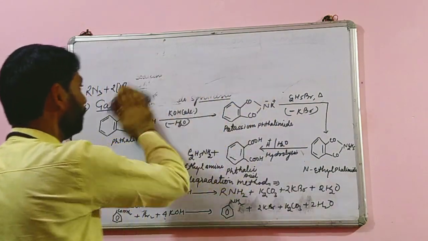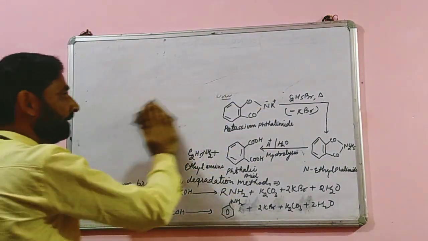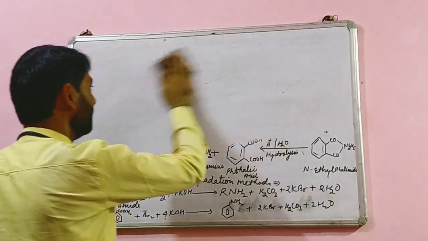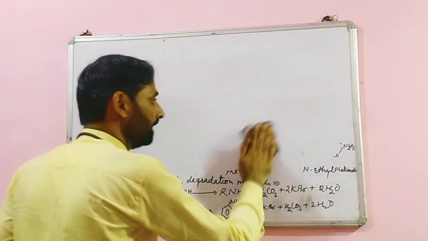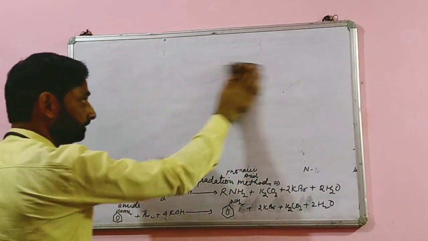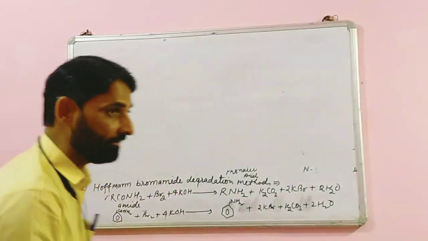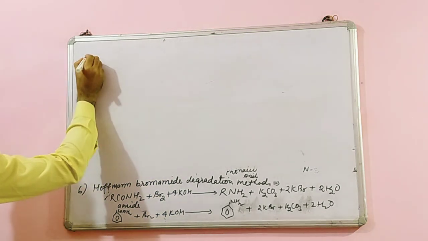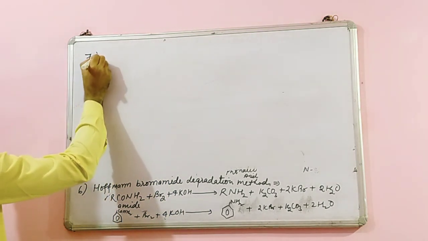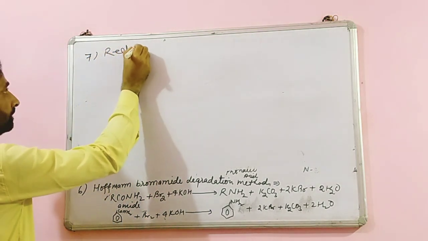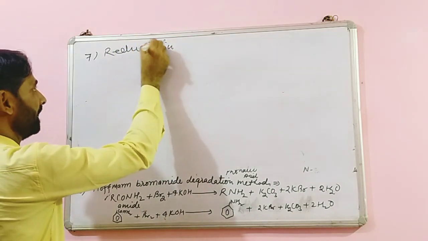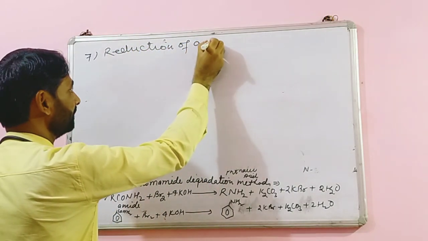So all of you look here and try to understand what is the next process by which we can prepare the amines. The 7th method is the reduction of amides.